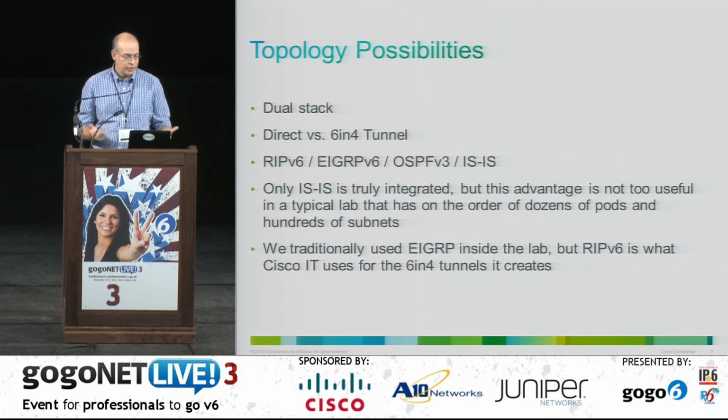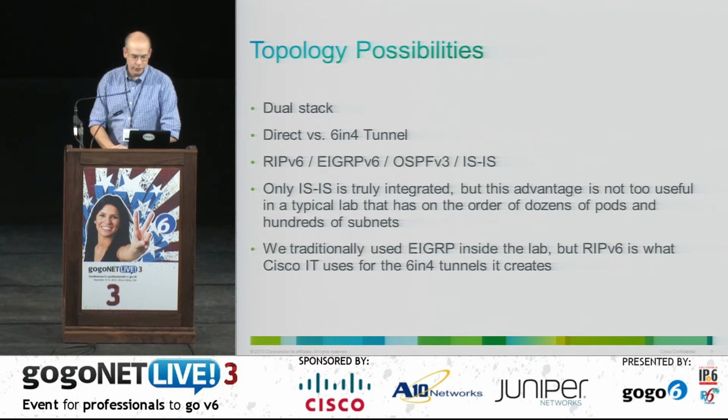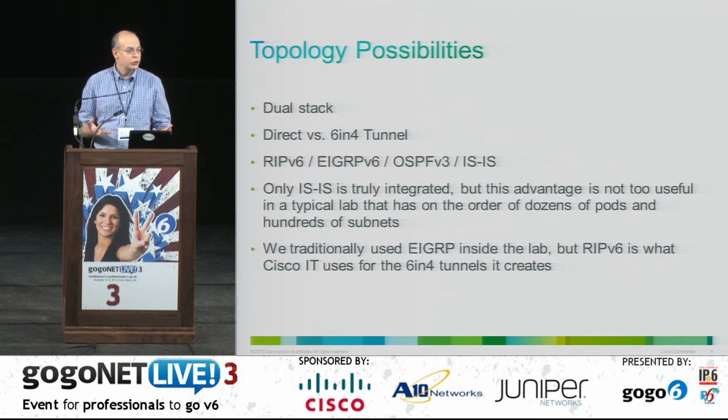Also, we have all the different routing protocols to choose from, whether it's RIP or EIGRP, OSPF, ISIS. And if we were really trying to go super optimized, thinking like an ISP for instance, we might go with ISIS because it's truly integrated. But for labs, it's really not important.